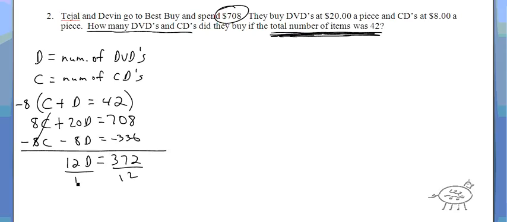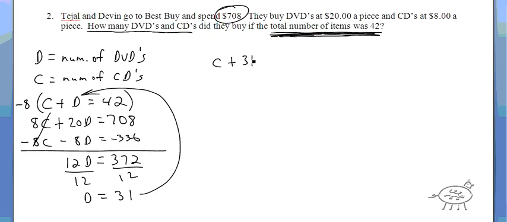Divide both sides by 12, and it does come out to be a nice even number. So D is equal to 31. Then I'm going to plug it back into the first equation. So it's C plus D, so C plus 31 equals 42. That's the easiest one to plug it into. Subtract 31, and I get C is equal to 11.